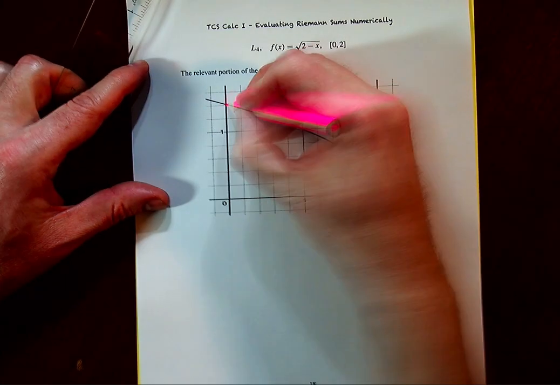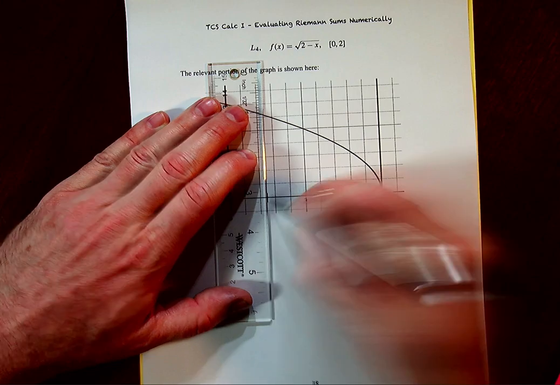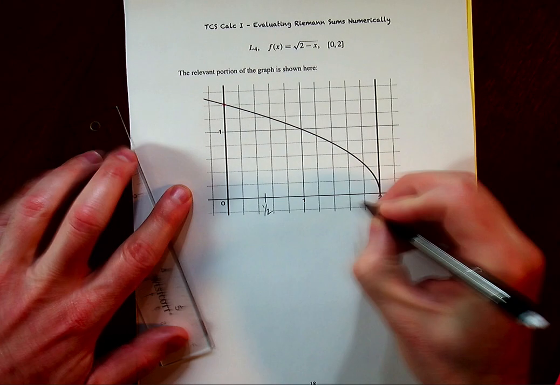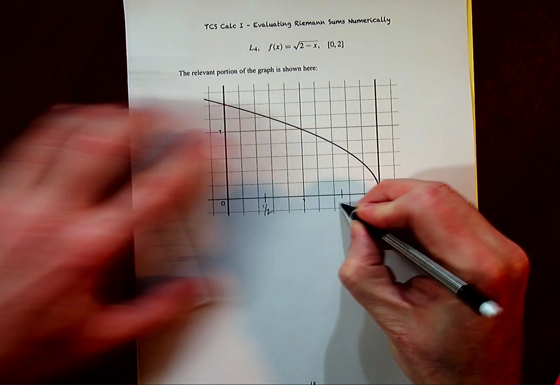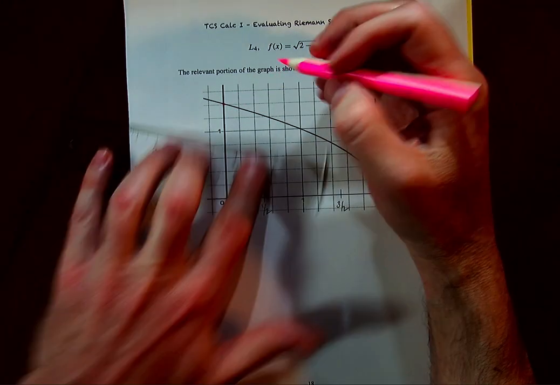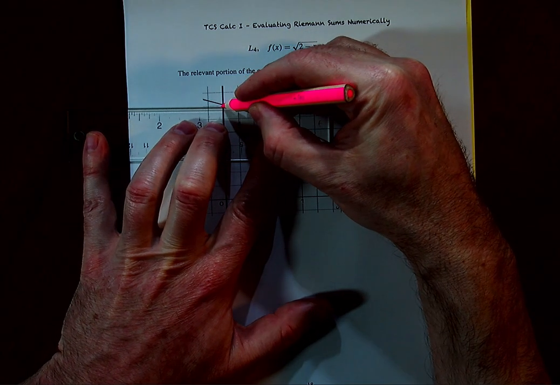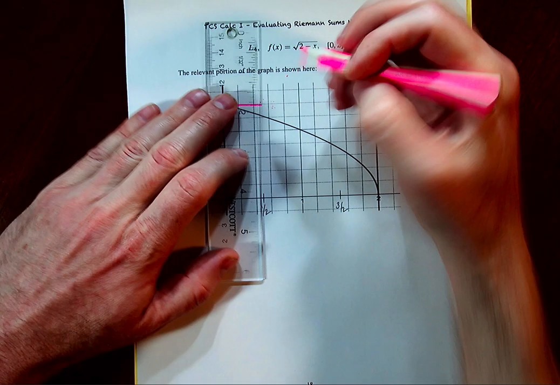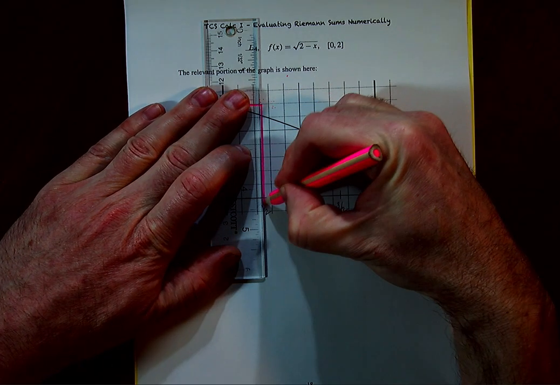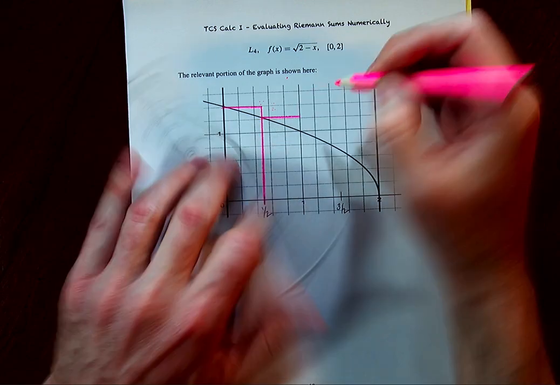This function value right here, let's remind ourselves that that's going to be 1/2, and that's going to be 3/2, okay? So this height right here is going to go over to here. Then this height right here is going to determine the second subinterval.